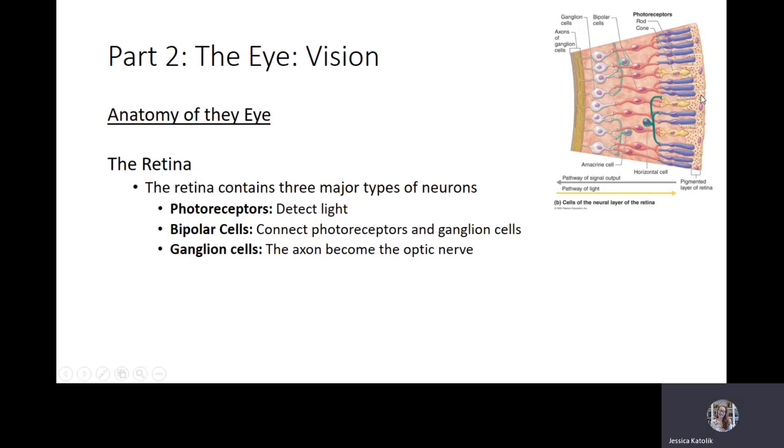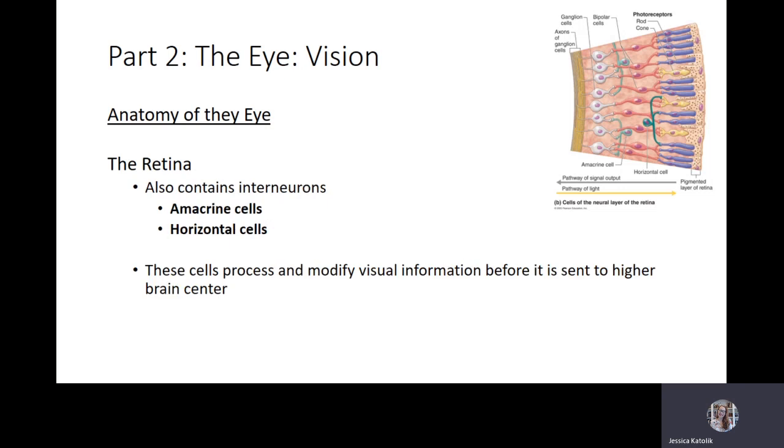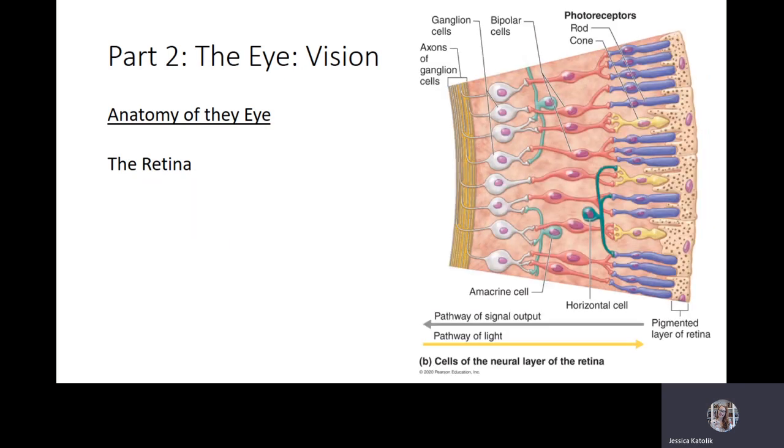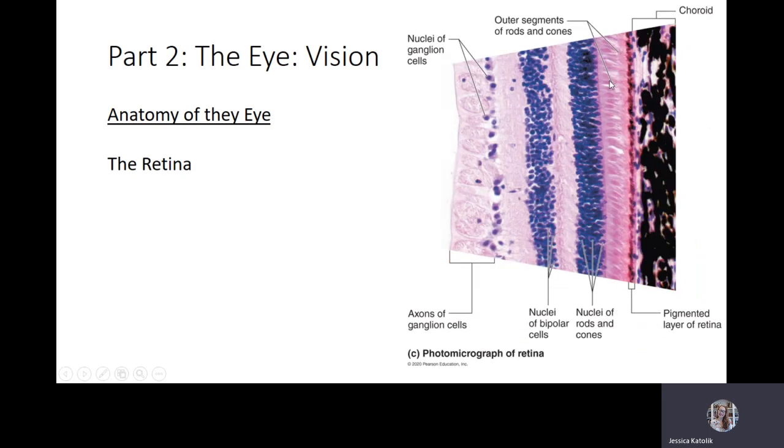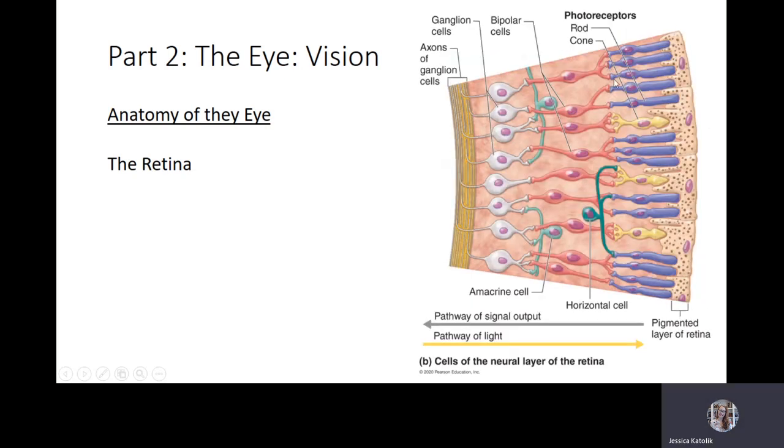I do want to remind you about some of that neural integration and circuitry that we talked about in the past. Remember, the retina has convergent neural circuitry. Here you can see many photoreceptors connecting to one bipolar cell, and this bipolar cell is processing the information collected from those photoreceptors and determining whether or not it should fire.